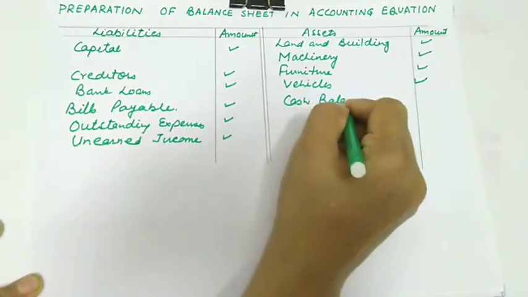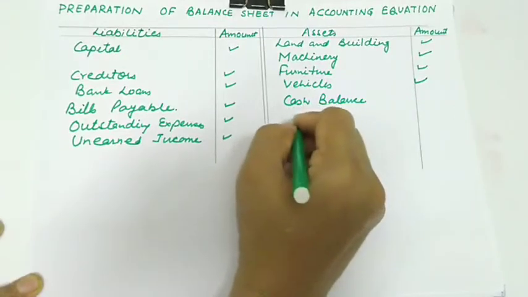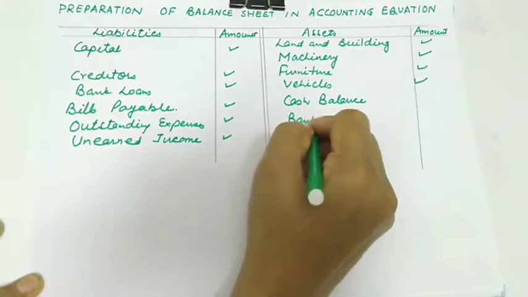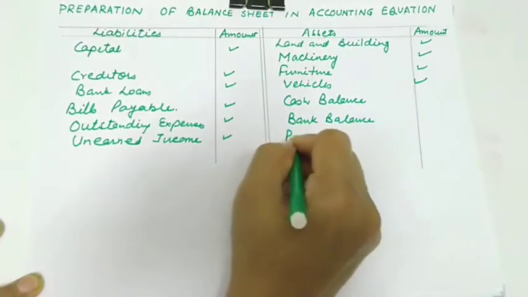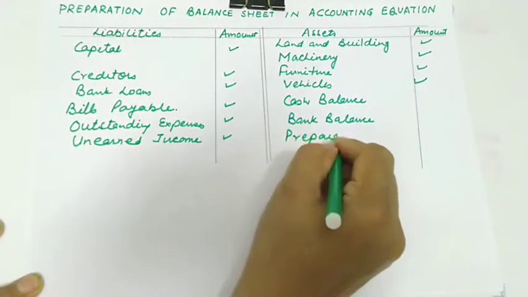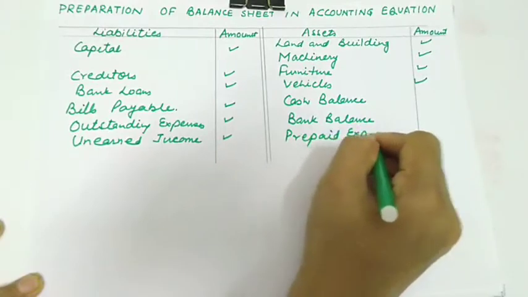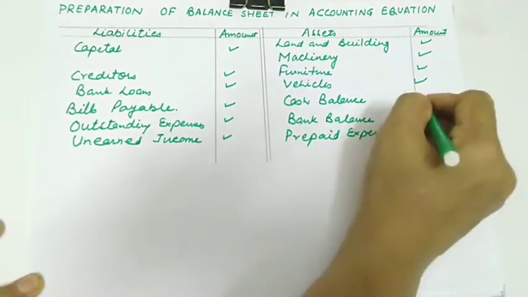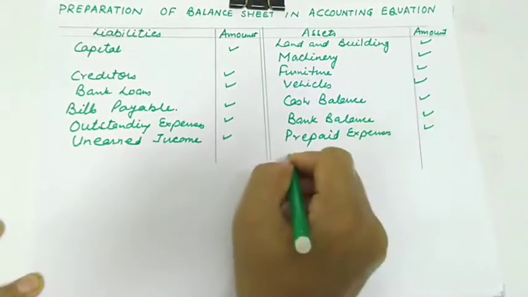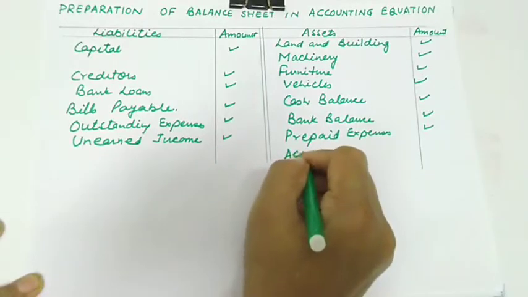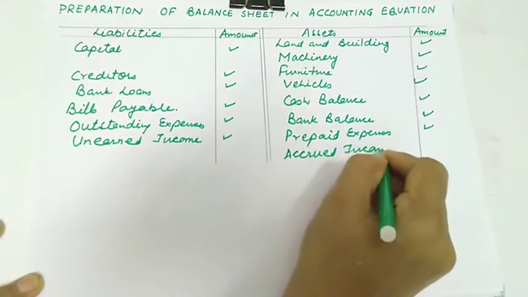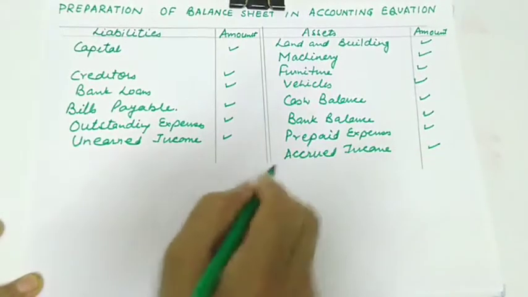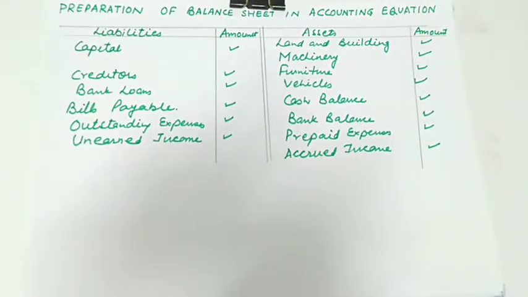And if suppose you are not utilizing your money, then it will show your cash balance and your bank balance also. Along with this, it will show your prepaid expenses, because you acquire the rights to use the services when you have done the payment. Likewise, your accrued income. So this is the very brief idea of the balance sheet of the firm.